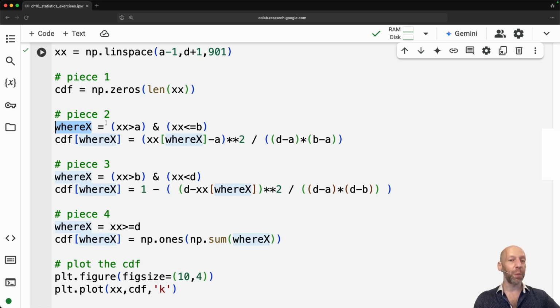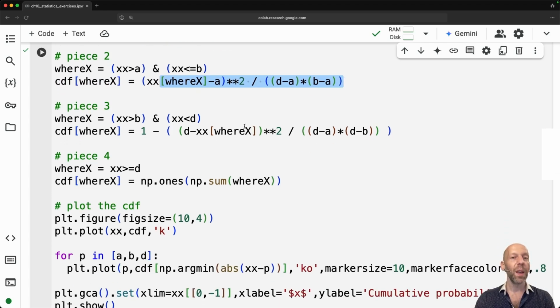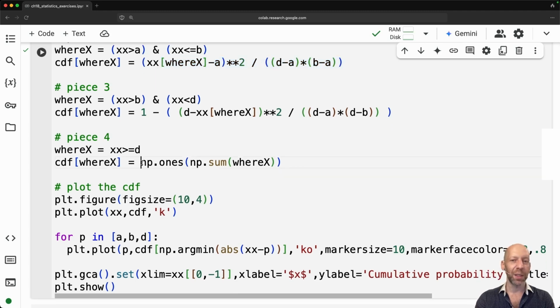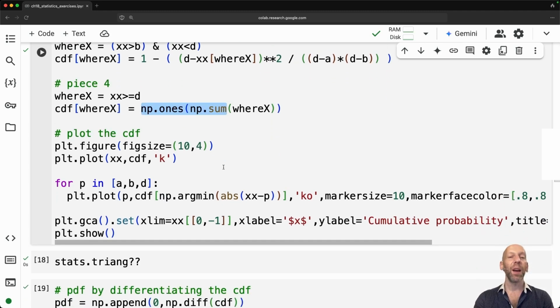So for example, for piece 2, we want to find all of the x-axis values that are greater than A and less than or equal to B. And then for the CDF, for those x-axis values, which are initially zeros, they get replaced with these formulas here from the equation I showed in the book. So that's piece 2, piece 3, and piece 4 is also simple to construct. It's just all ones.